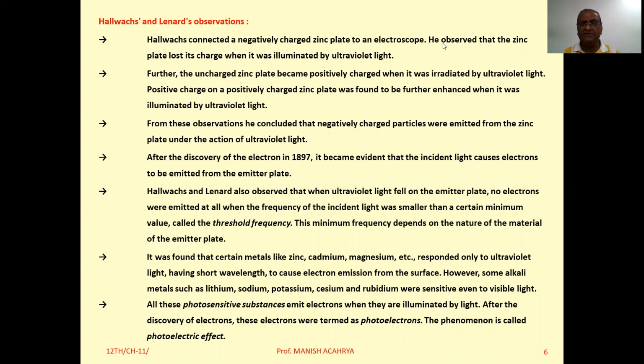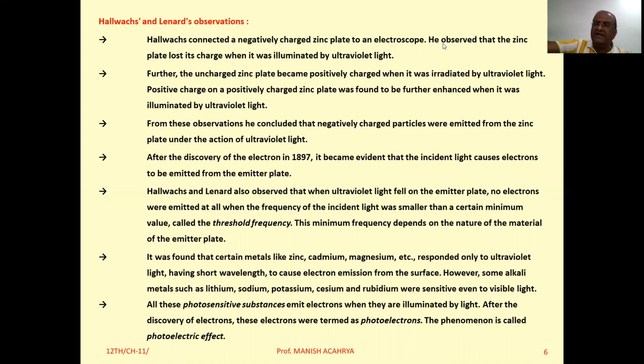It does not happen unless the frequency of the incident light is equal to or greater than a particular frequency; then and only then are the electrons emitted. It implies that for the emission of electrons, a certain minimum value of frequency is required.